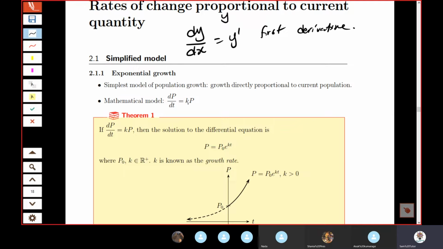Now, we're not sure what the y function is if it says this. This just says that the derivative of the population with respect to time is equal to a proportion, a letter. We're not sure what it is. We're not sure if it's 2 times, 3 times, 10 times, minus 1 times, but we know that it's some number times the population, the original current population.